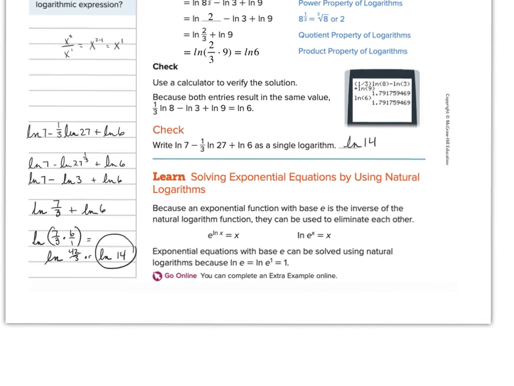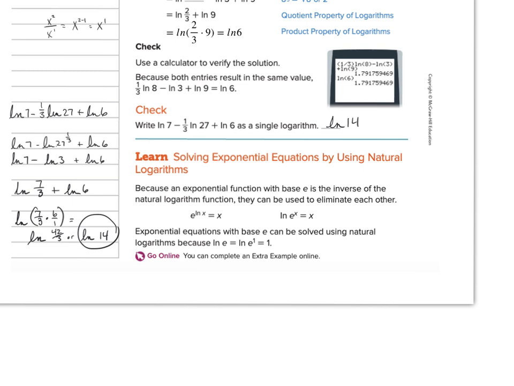Okay. Now, solving exponential equations by using the natural log. When we were doing common logs, we would raise both sides of our equations to the exponent, 10 to the exponent of. Well, now what we're going to do is we're going to use e. So understanding some of these properties, that e raised to the natural log of x is simply x. So the natural log of e raised to the x power is x. So these two things are applicable, okay?